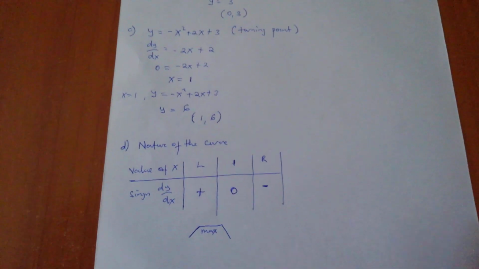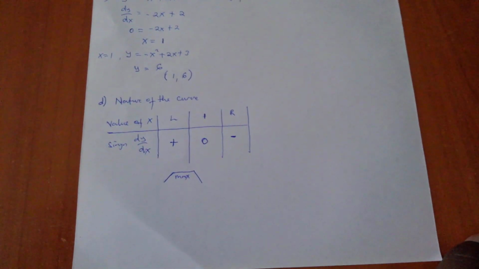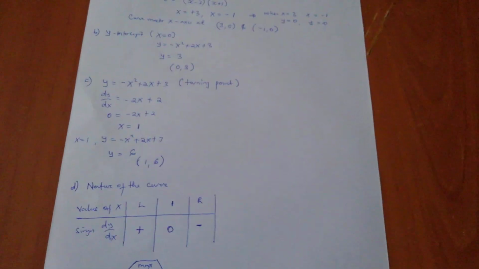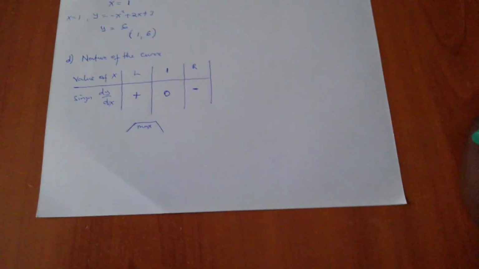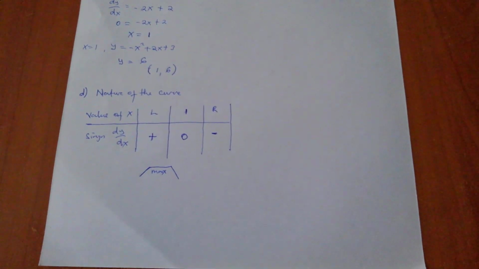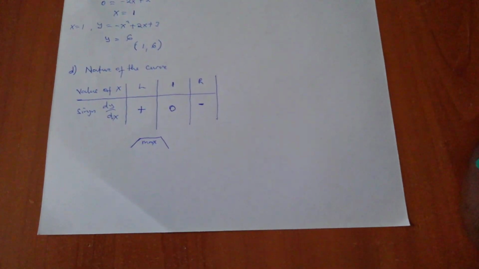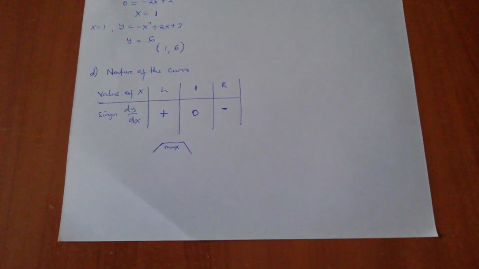So this is the nature of the curve I have, and I'm going to try to draw it, just a sketchy diagram, just to show you how this could be.